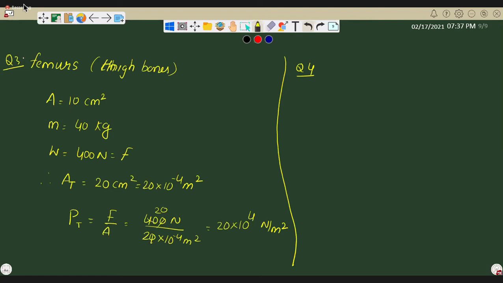So is it 2 atmosphere? It is 2 atmosphere.